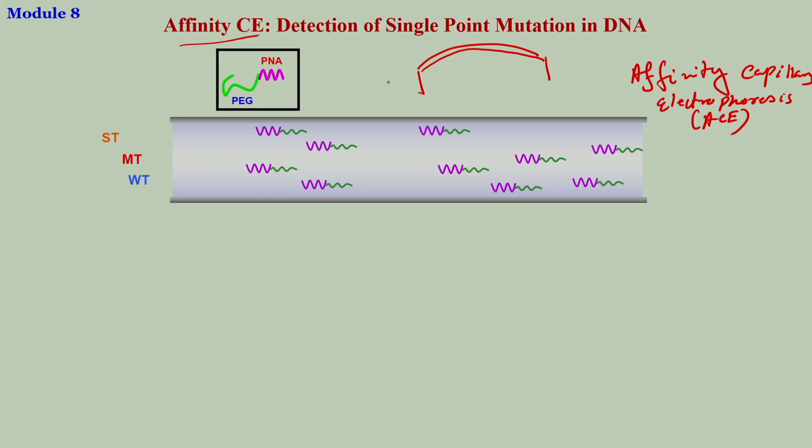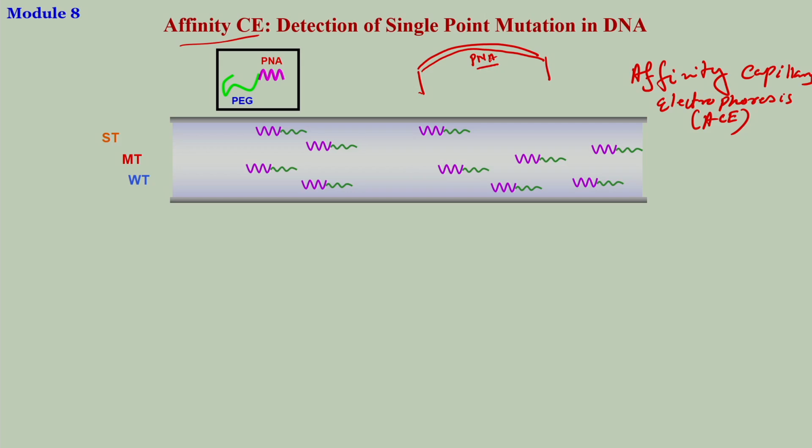Now, in affinity capillary electrophoresis the capillary is filled up with a different compound that we have synthesized, a compound that has high affinity. In this case, we have used the PNA. PNA I will talk about later, just after this, in the next module. PNA is peptide nucleic acid.